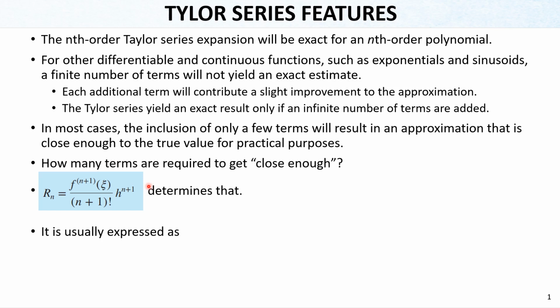And the question here is how many terms are required to get close enough? And this close enough is about the remainder term, which is the truncation error basically, and it determines this question. And this value is expressed as, again, Rn.